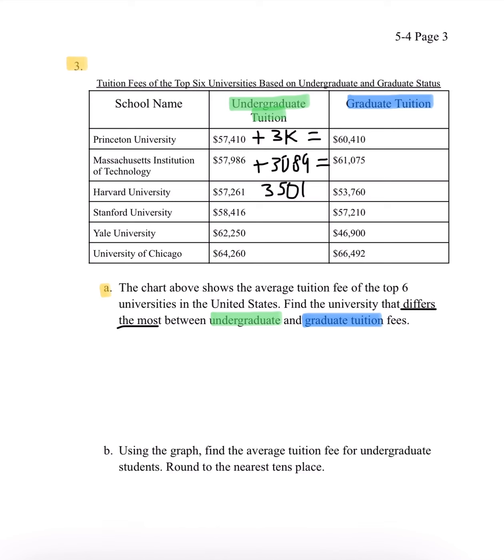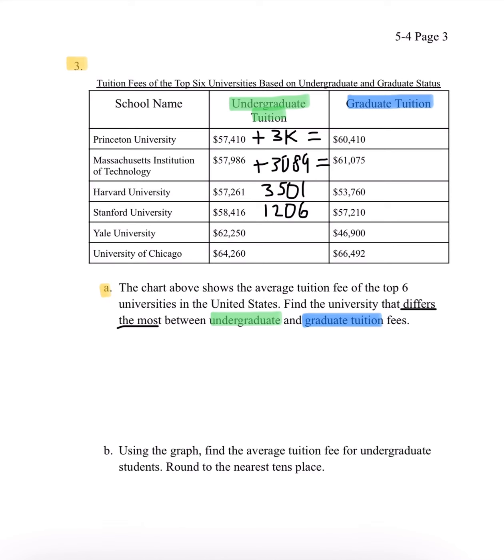Let's look at Stanford. Stanford is $58,416 for undergraduate, and graduate is $57,210. So if we subtract them, we get 1,206. So we could see here right now that Stanford has the lowest difference, right?